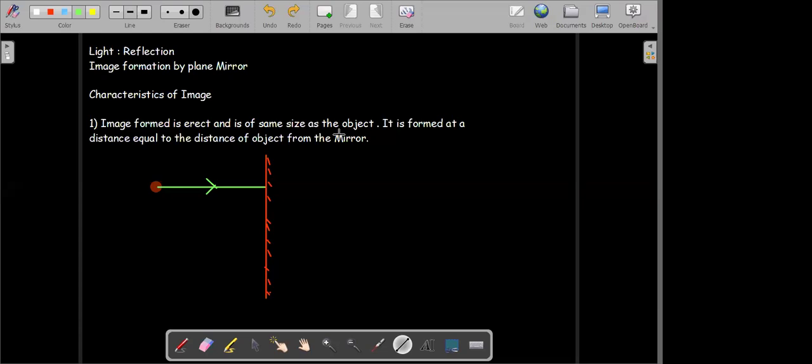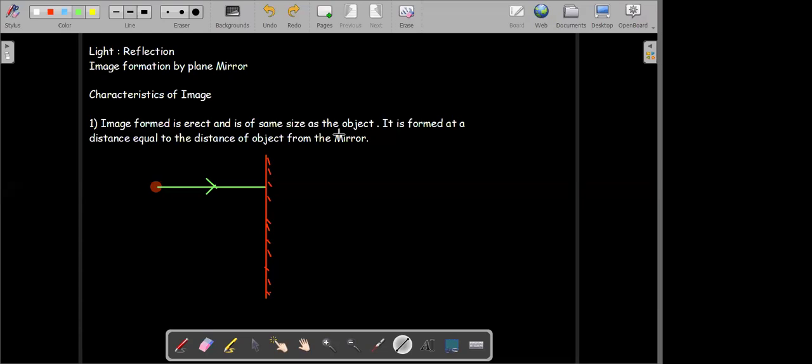Right. So did you get why the angle of incidence is 0 degree? If I draw the normal here, the normal is also along the same line and the angle between them is 0 degree.